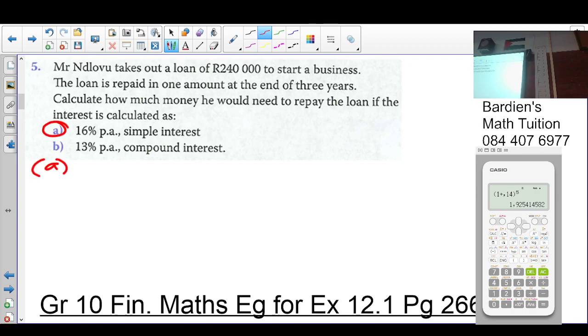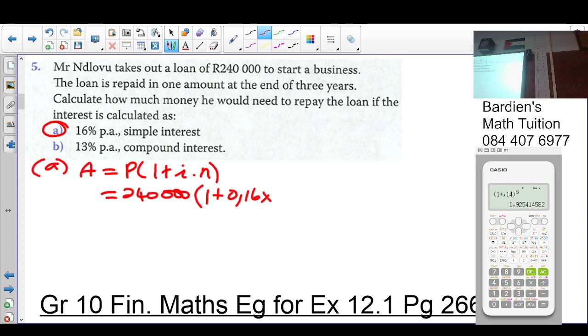What must I do? Simple interest formula: A is equal to P into 1 plus i times n. So your P value, the principal, is 240,000 rand into 1 plus 0.16 multiplied by n, which is 3 years.